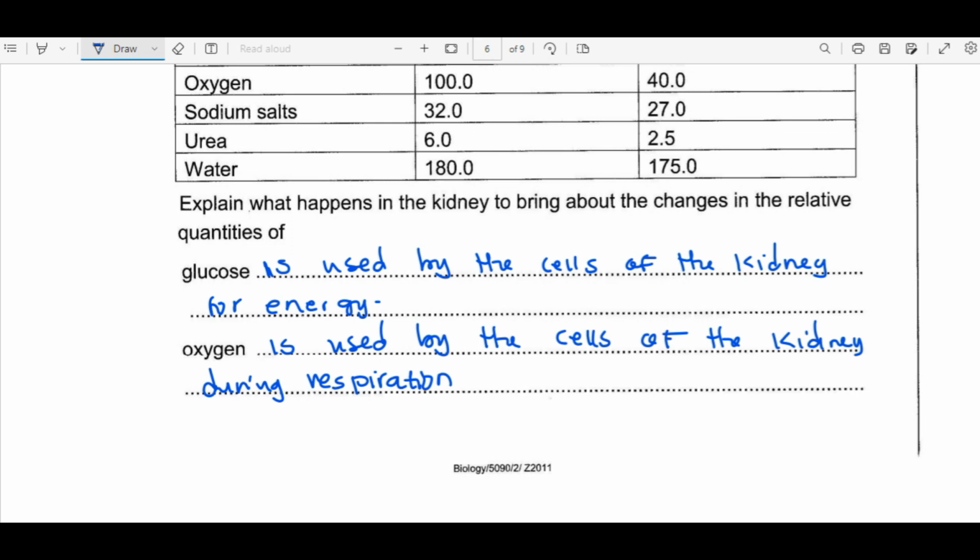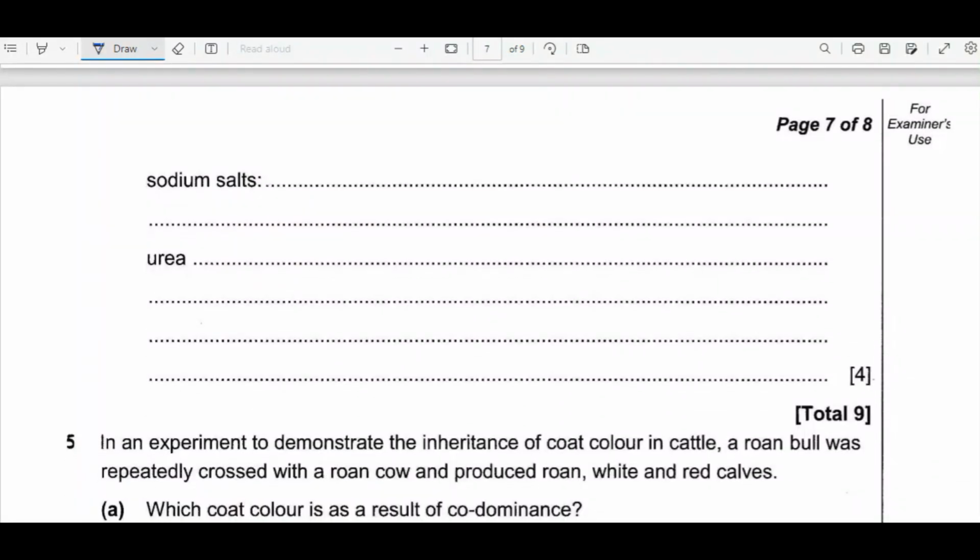We can summarize these two points as: glucose and oxygen are required by any other organ or part of the body, and so is the kidney. The kidney needs glucose to do the work, and the kidney needs oxygen to do the work. So that's the reason why there is a lower concentration or level.